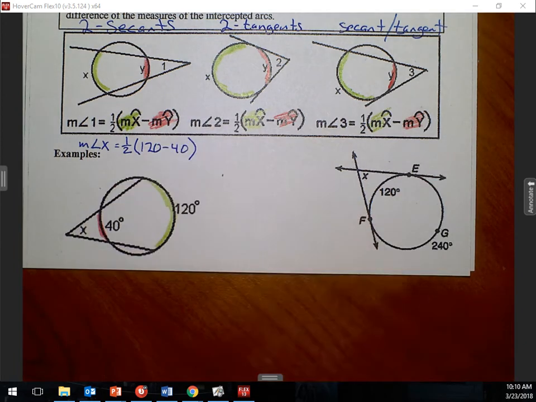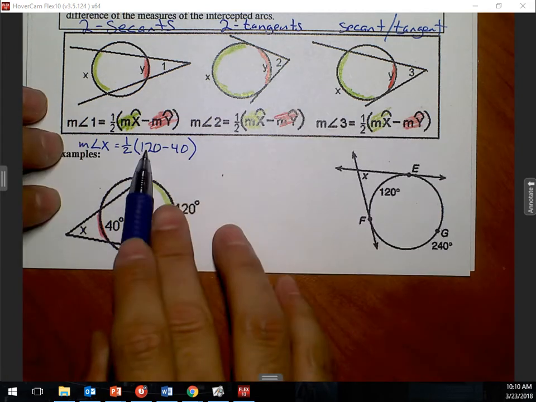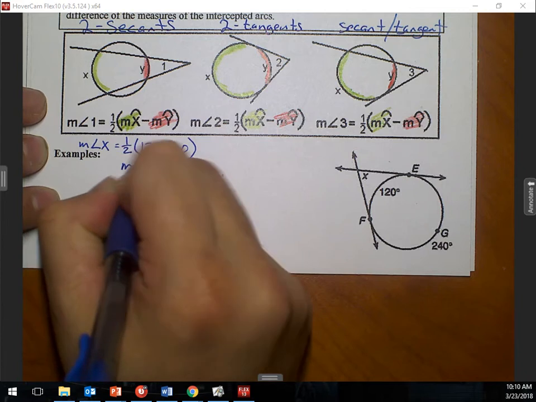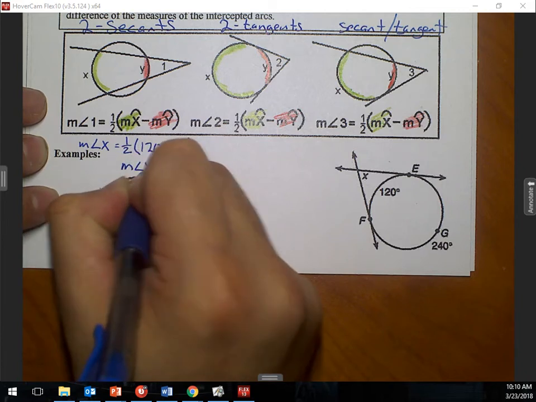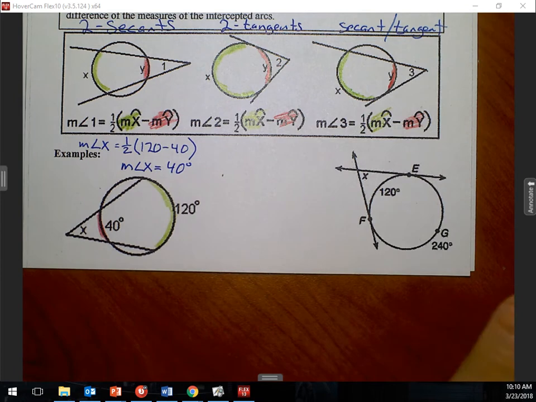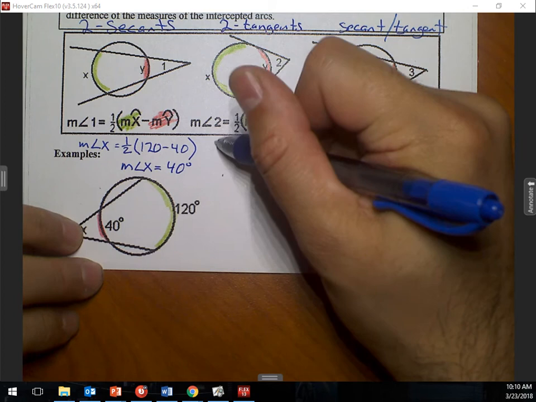Now, from right here, just put it in your handy dandy calculator if you need to. So it's basically going to be 80, half of 80. So measure angle X is 40 degrees. Is that pretty easy? Okay.